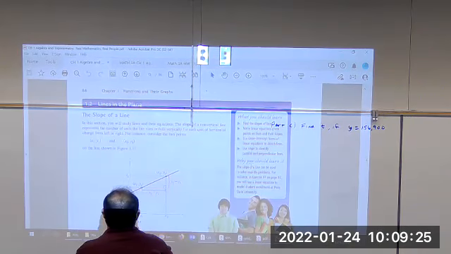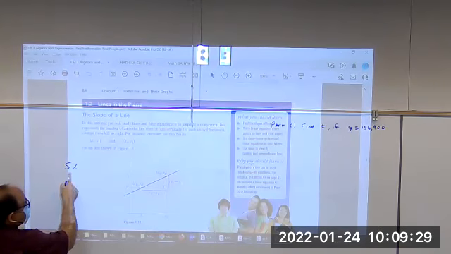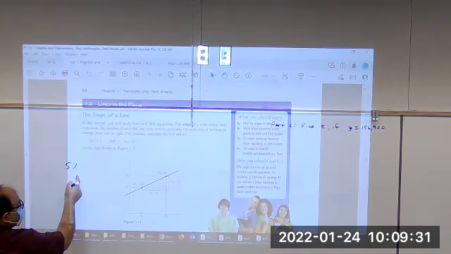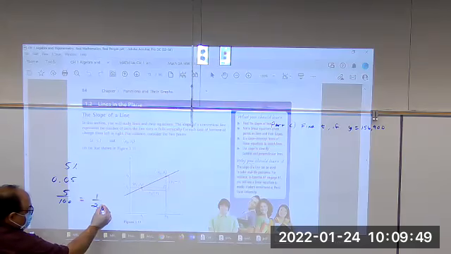You can change this to a decimal. 5% is 5 per 100, or 5 hundredths, and 5 hundredths is 1/20.